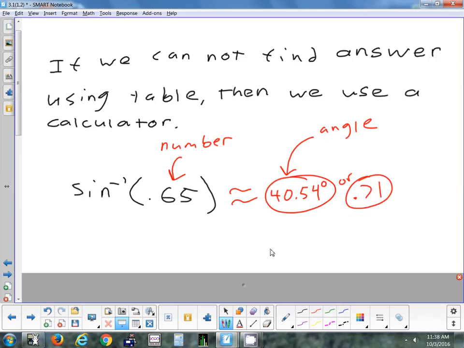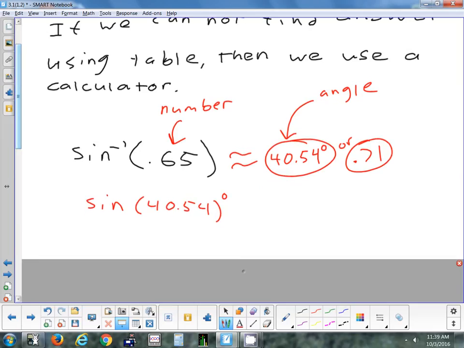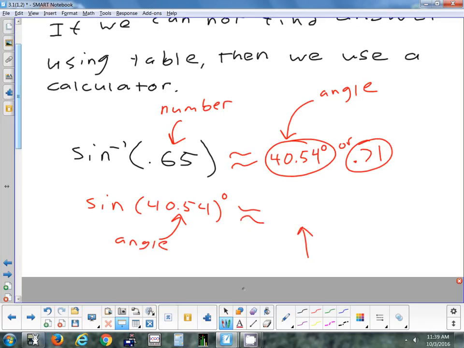Okay, and last week, this is how I would have written the question. Find the sine of 40.54 degrees. Now, this is your angle, and what you get on the other side, that was just your number.